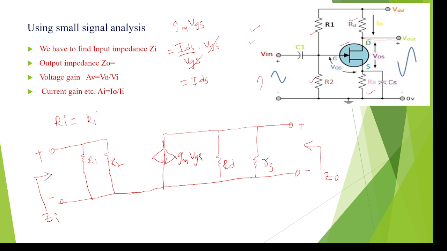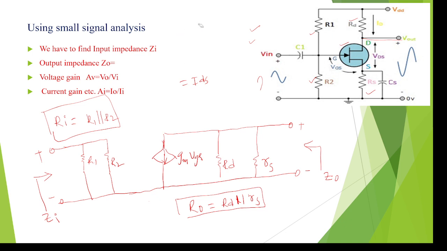We know that R1 parallel to R2 means R1 R2 by R1 plus R2. And the output resistance R0 equals RD parallel to RS, or else RD multiplied with RS by RD plus RS.